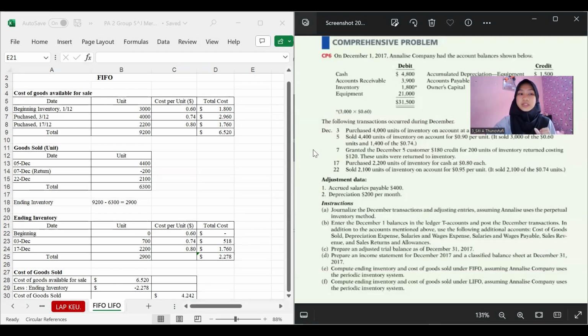Then on December 3rd, the company bought 4,000 units at 74 cents per unit, and the total cost was $2,960. Then on December 17th, the company bought 2,200 units at 80 cents per unit, and a total cost of $1,760.